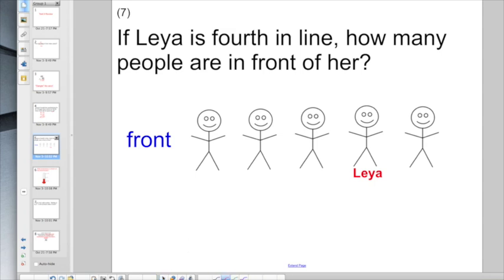Boy, for as much walking in line as we do, think that Leah is 4th in line. There's always going to be just 3 people in front of you if you're 4th in line, right? If they wanted to know how many people were behind her, that's when we'd have to know how many people were in the line.